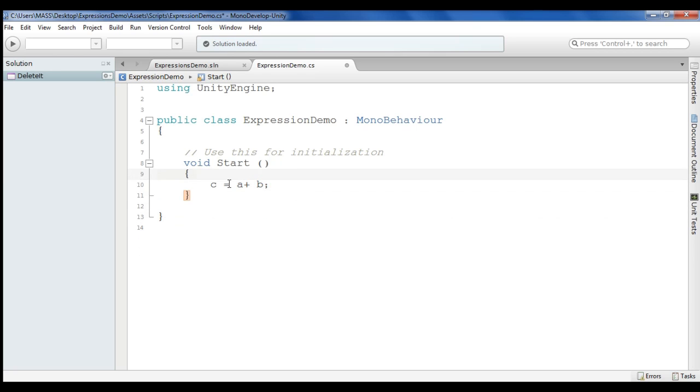A is going to be a variable, B is going to be a variable, and C is going to be a variable. And we need to decide whether we are working with integer types or floating types.